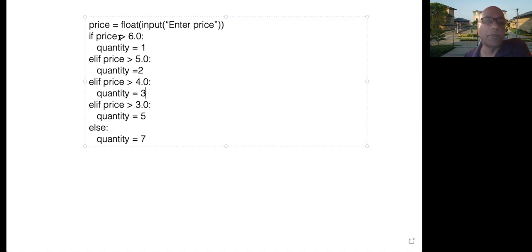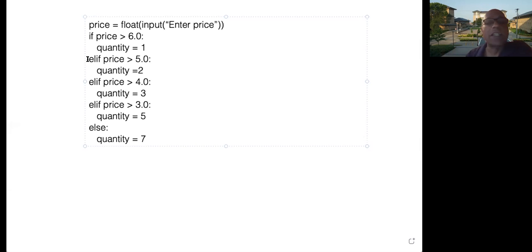Let us then pretend that price is $5.50. If price is $5.50, this is false. So you come here, this is called, I have written it as elif.